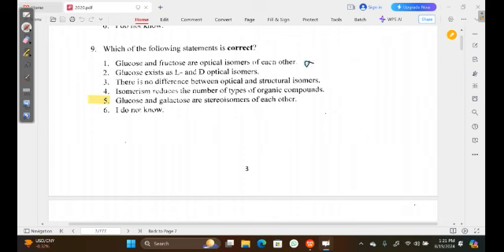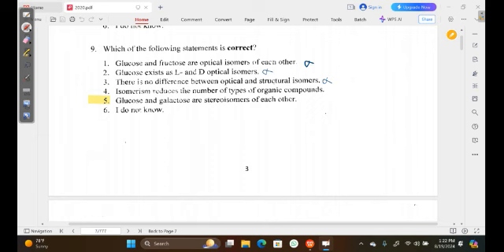Then glucose exists as L and D optical isomers. This is wrong because L and D isomers are actually enantiomers. There is no difference between optical and structural isomers? There is a big difference between the two, because when we talk of structure, just as we said, they differ in geometric arrangement.